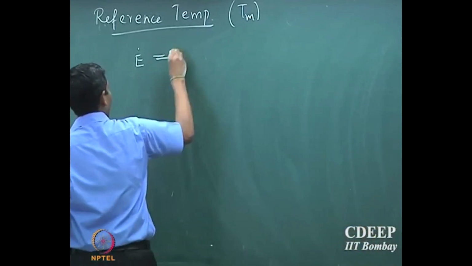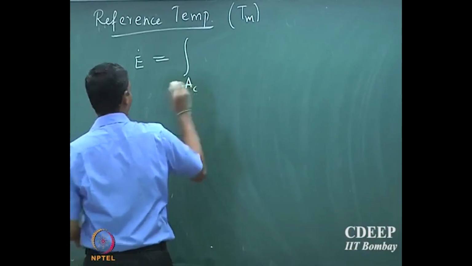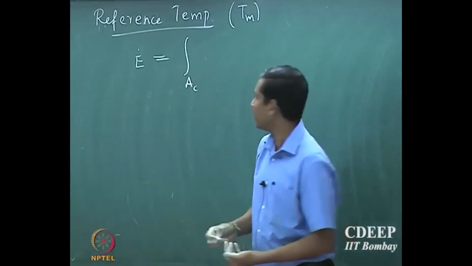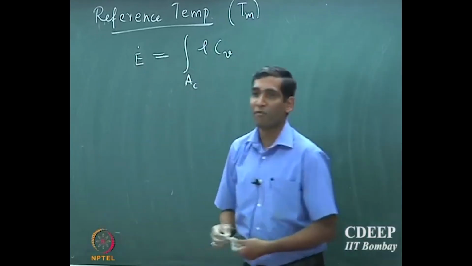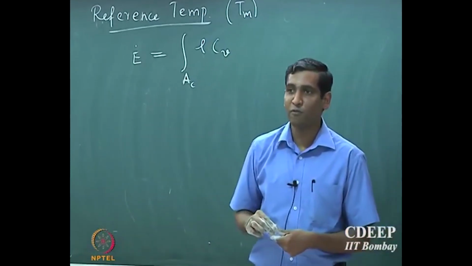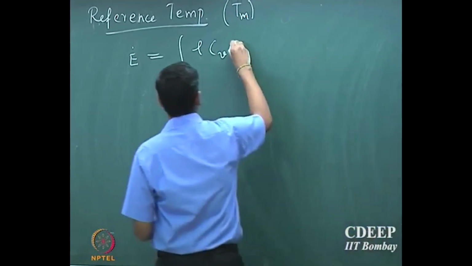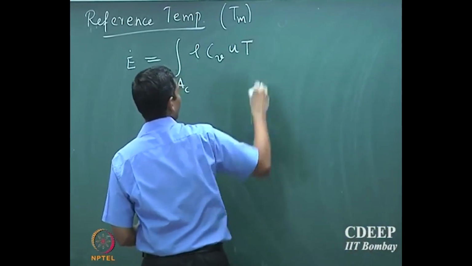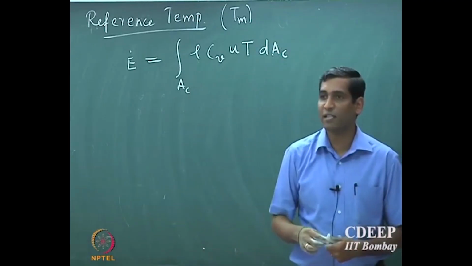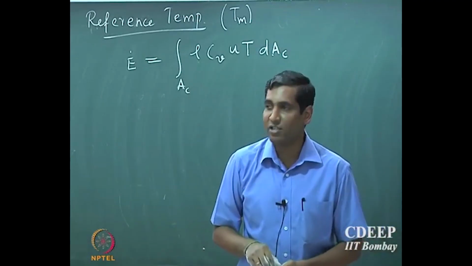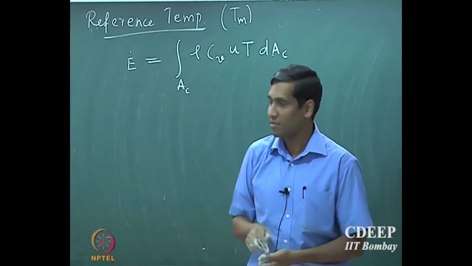So the internal energy at any location is given by integral over the cross section rho times the internal capacity of the fluid, which is rho Cv multiplied by U into T into dAc, right. So that is the internal energy that is actually being transported.